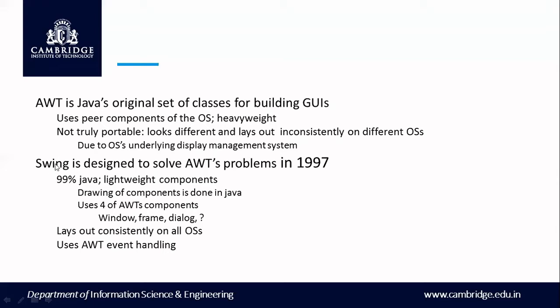How was it solved using swings? Swings is written completely using Java, hence making it portable. It is 99% Java, that's what we say. It is written in the Java language, hence we can say it is portable. Why? Because the language Java is platform independent. Now it has lightweight components. Drawing of components is done in Java using some of AWT's components, that is window, frame, and dialog.